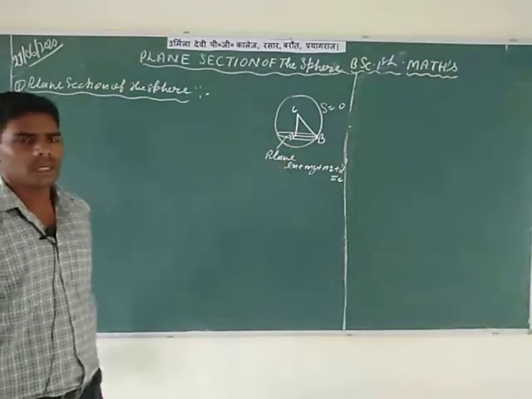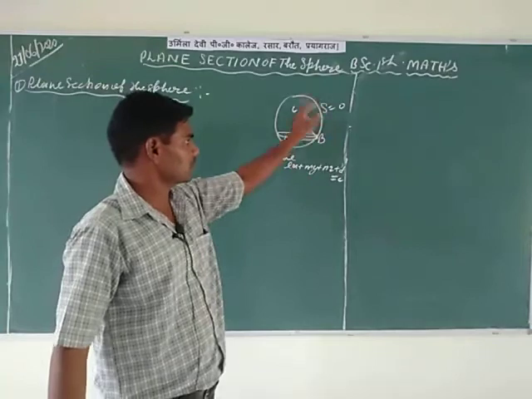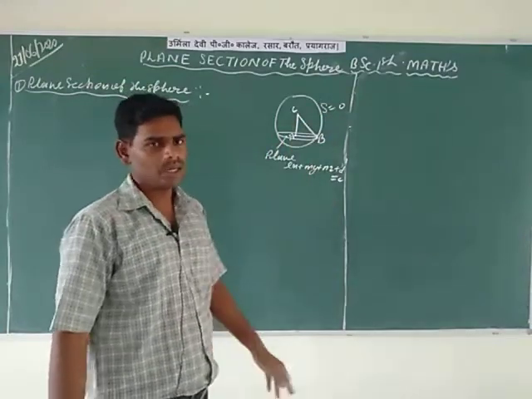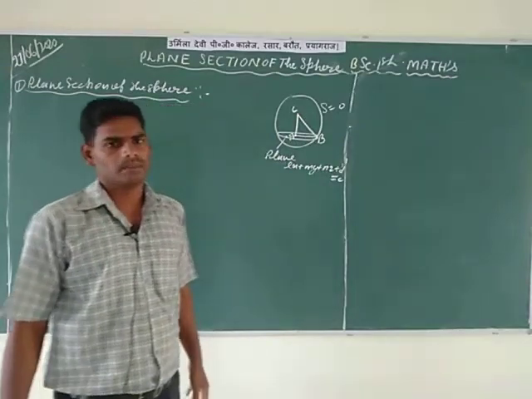Here CB is the radius of the sphere, because B is on the circumference of the sphere and C is the center of the sphere. So BC is the radius of the sphere.